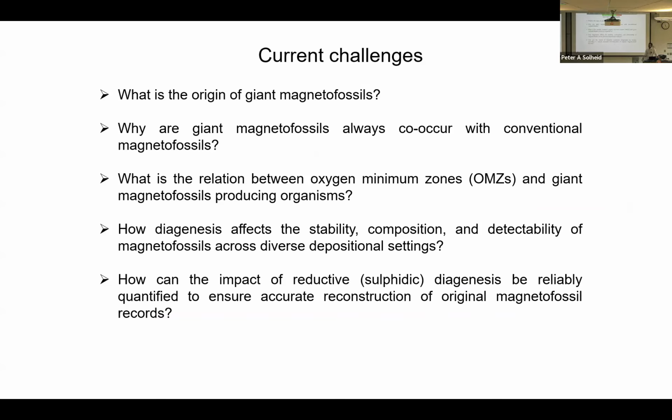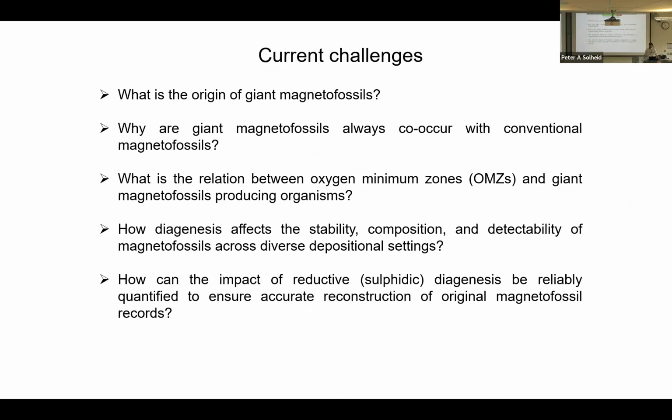And if they are biogenic, what is the function of these crystals inside, if produced by so many other organisms? Another question is why giant magnetofossils always co-occur with conventional magnetofossils. There are no records showing that the magnetic signals are dominated by only giant or only conventional magnetofossils.